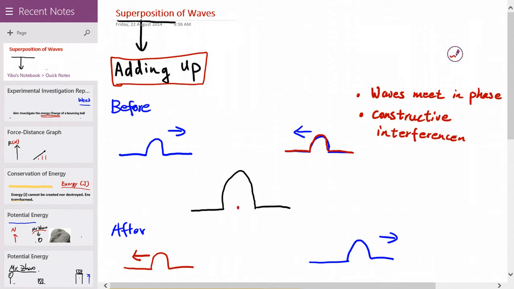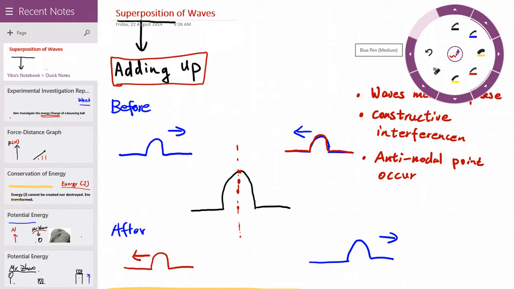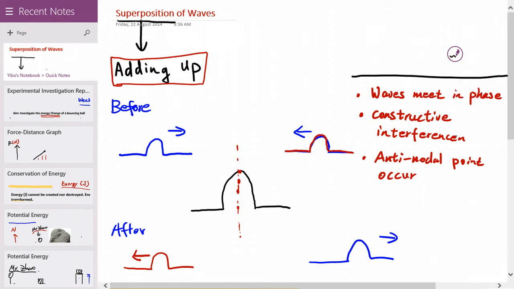And at the middle point, at the highest point here, we call that point an antinodal point. So we have an antinodal point occur at the center. Write this down in your cheat sheet.